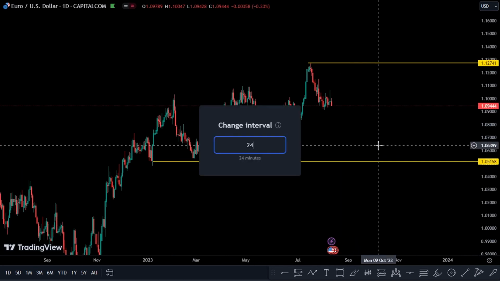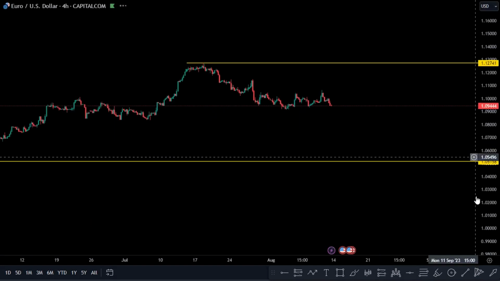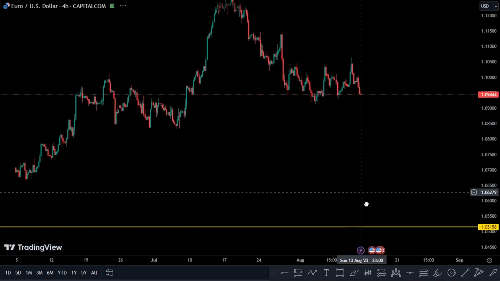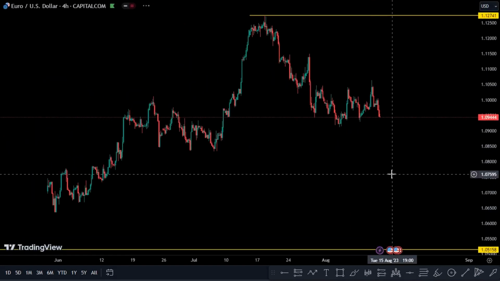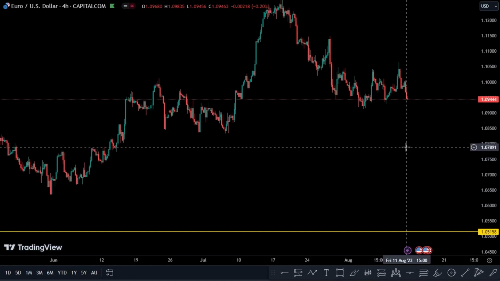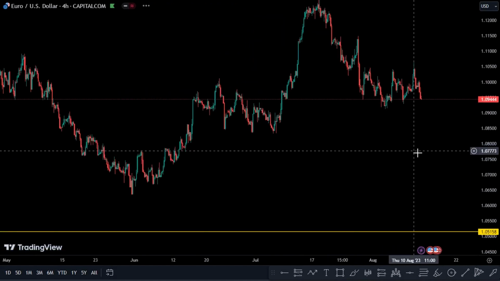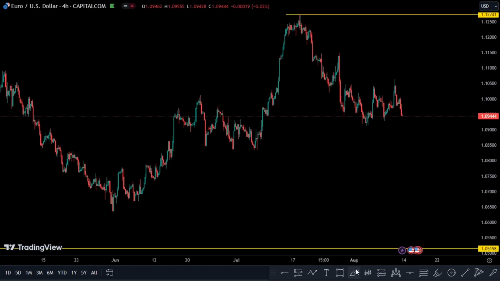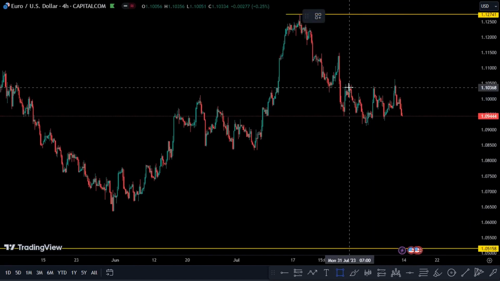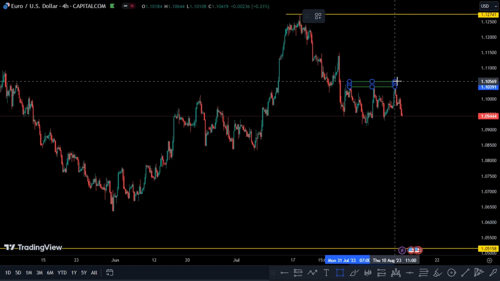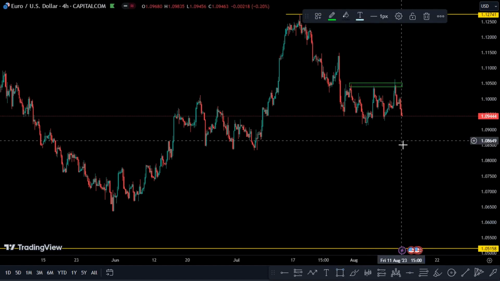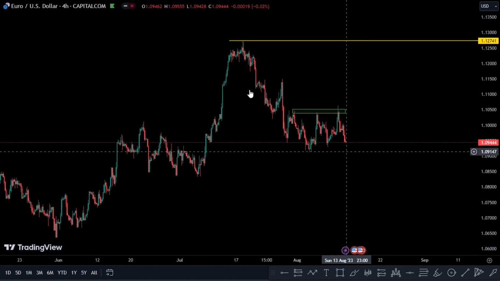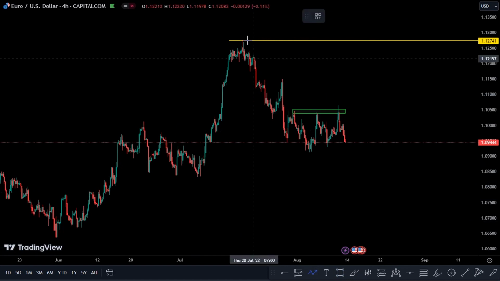Okay, and then we switch to a 4-hour time frame so that we get a proper perspective as to what exactly is happening inside this market right here. We can see that indeed we are coming from this significant structure right here. So we can look at this market in this format.